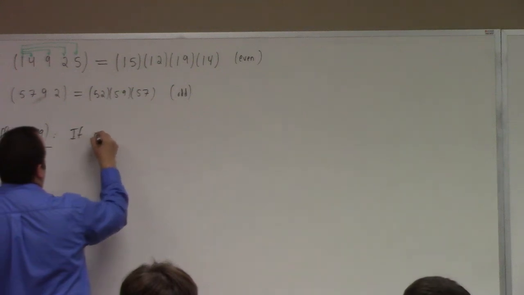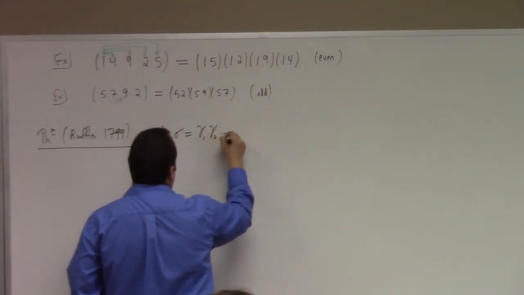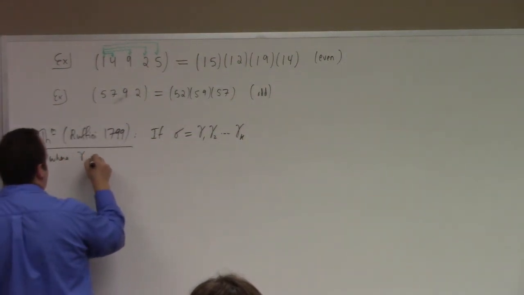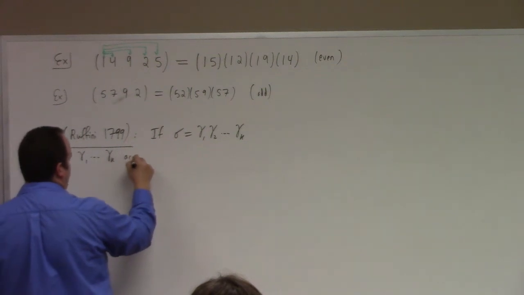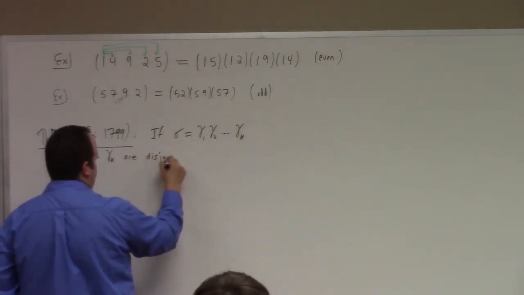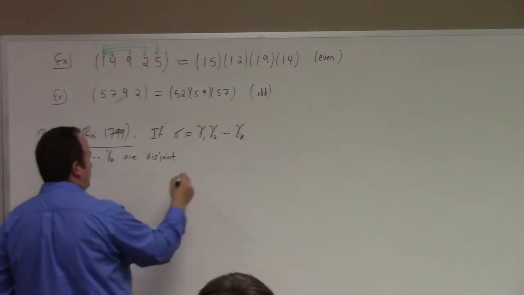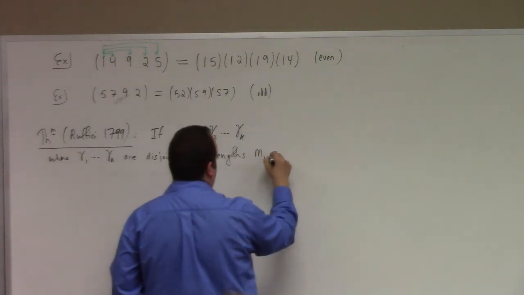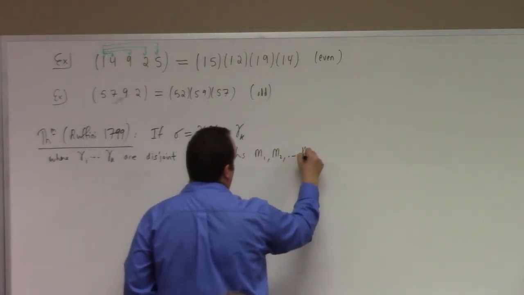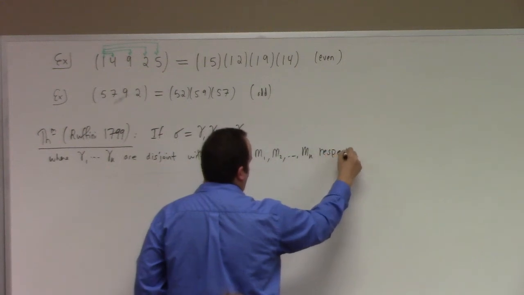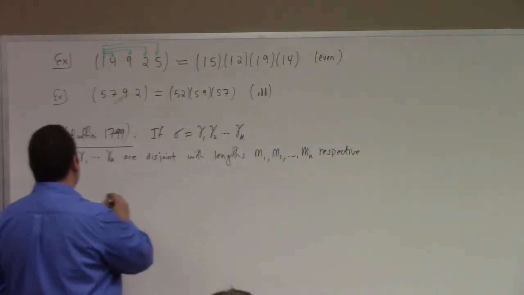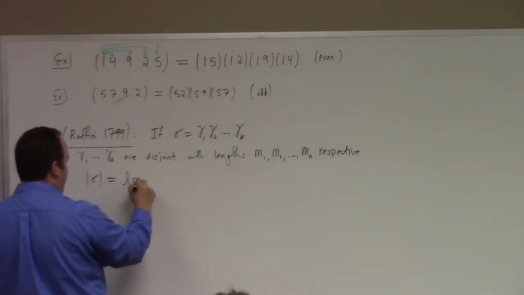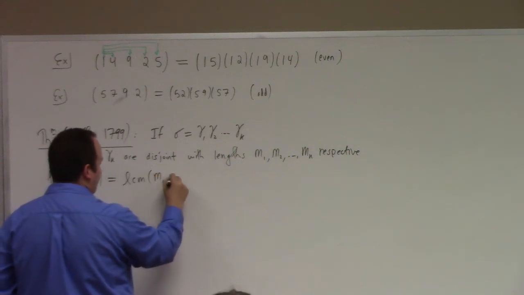If you have sigma equal to gamma 1, gamma 2, through gamma k, where gamma 1 through gamma k are disjoint, all right, so you might say that this is a cycle decomposition with lengths m1, m2, through mk respectively, then the order of sigma is simply the least common multiple of these lengths.